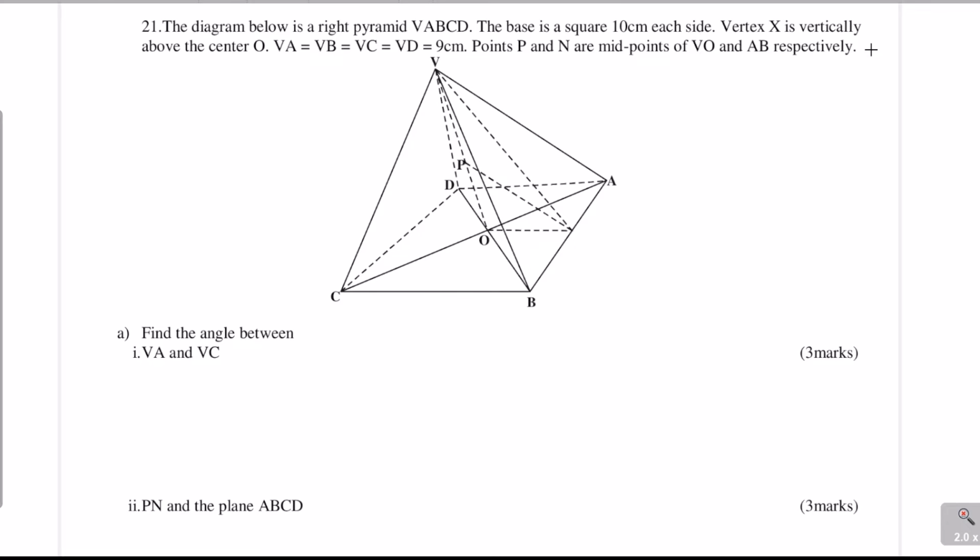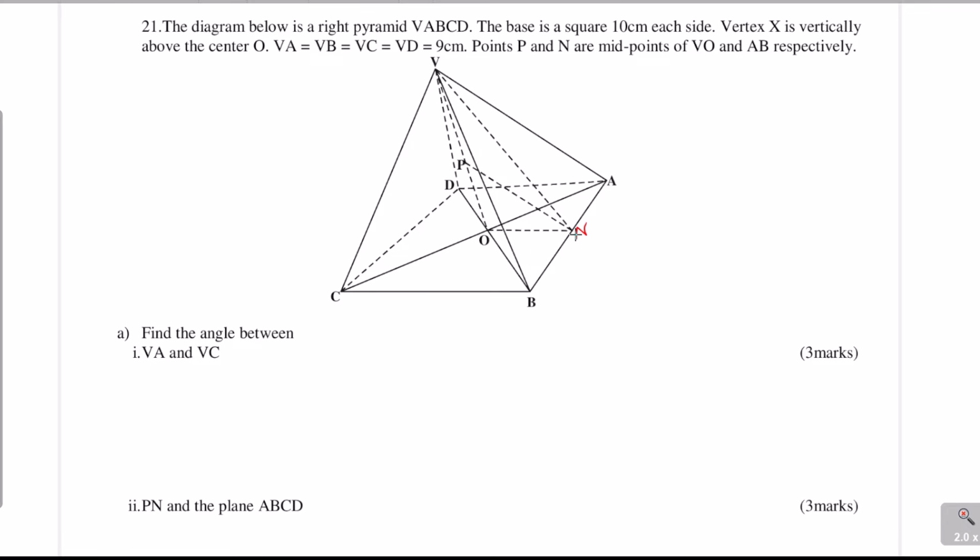Points P and N are midpoints of VO and AB respectively. So you can see them in the diagram. Actually, N is supposed to be here. So find the angle between, first question, VA and VC.